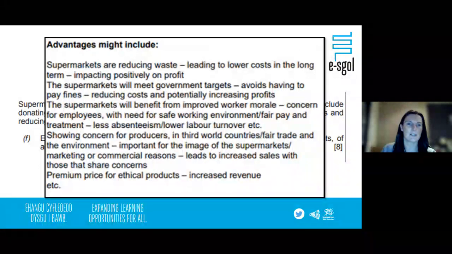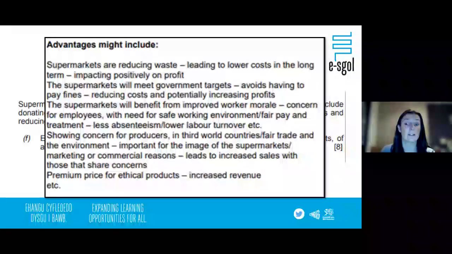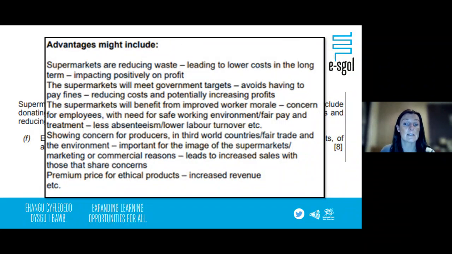So within your answers, you're looking at the fact that they're reducing waste, which is leading to the costs in the long term being lower. Supermarkets will meet government targets and avoid any fines, reducing costs, and again, increasing profit. Supermarkets will benefit from improved worker morale, maybe concern for employees with need of safe working environment, fair pay, etc. Show concern for producers in third world countries, and this is going to be an important image for supermarkets.